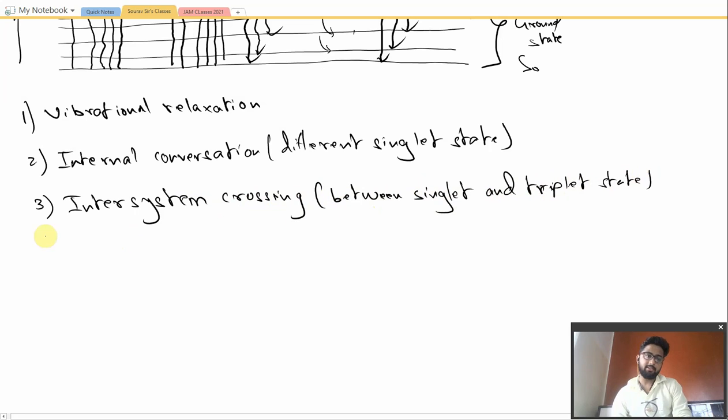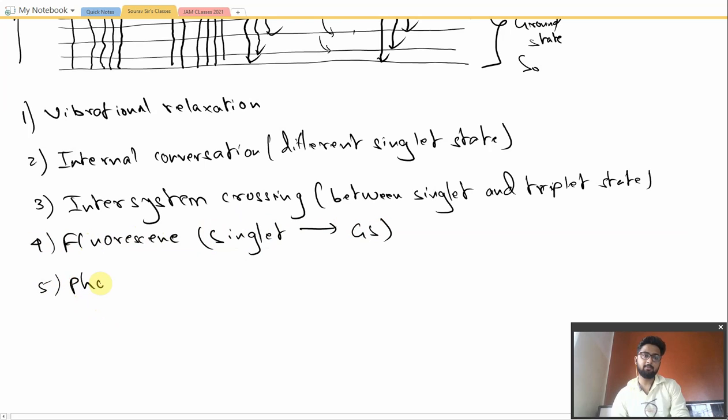The next two are extremely important. Fluorescence occurs from the singlet to the ground state, and phosphorescence is from the triplet to the ground state.